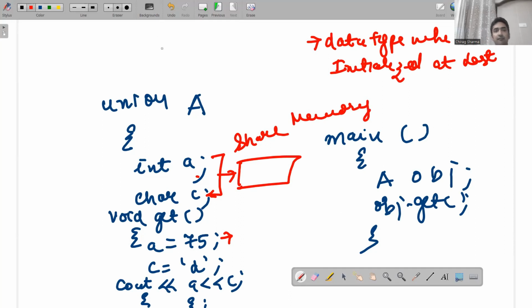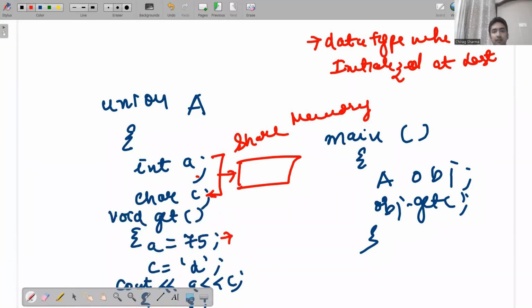Now, if A and C are sharing, firstly you have declared the A value as 75. Initially union gets 75. Mind you, both are sharing, so one memory allocation will come. So firstly 75 is stored. Now in union there is another data type which is also initialized.